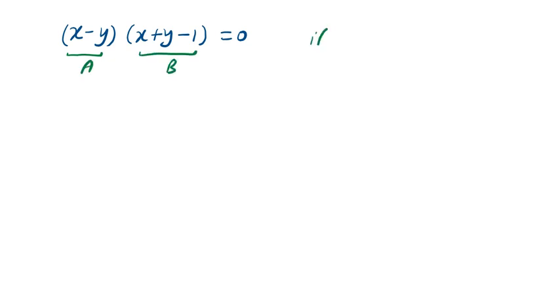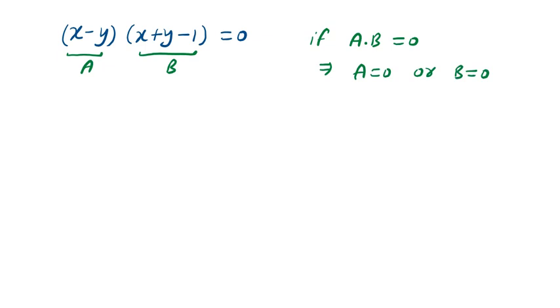In left hand side, x minus y is multiplied by x plus y minus 1 is equals to 0. Suppose this term is a and this term is b, and we know that if a into b is equals to 0, this implies a is equals to 0 or b is equals to 0.